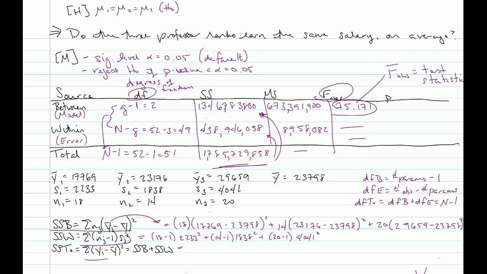So finally we find our p-value. Because we want an F statistic that is big, we want a p-value that's going to look for big F's. So we want an F with nu 1 and nu 2 degrees of freedom that is bigger than our F-obs. Well, what are nu 1 and nu 2? Nu 1 is degrees of freedom between, and nu 2 is degrees of freedom within.